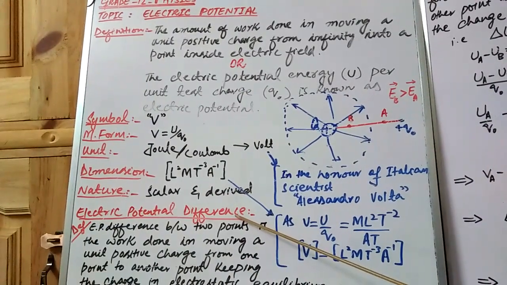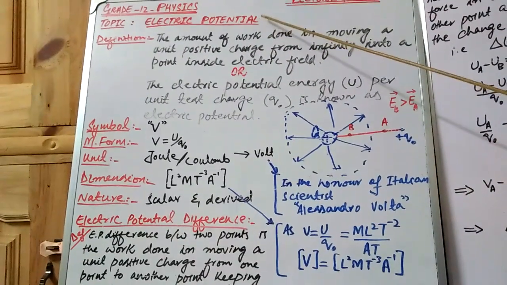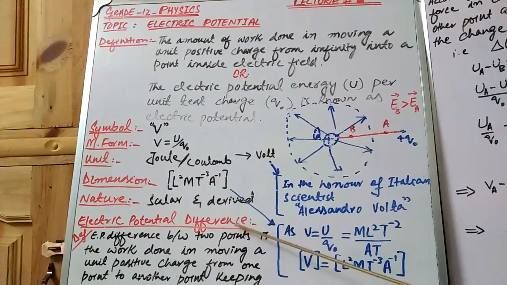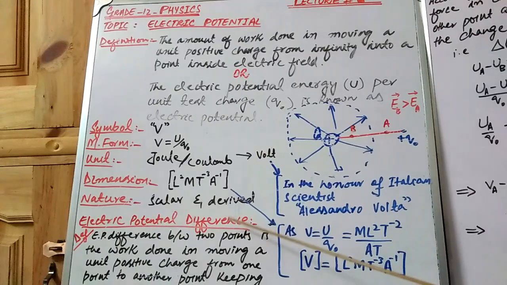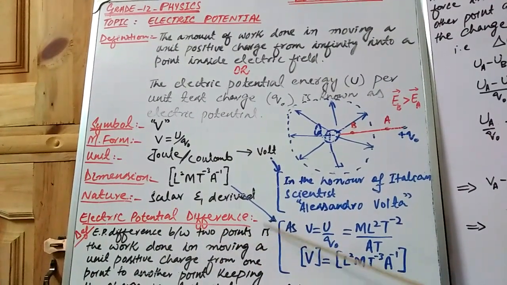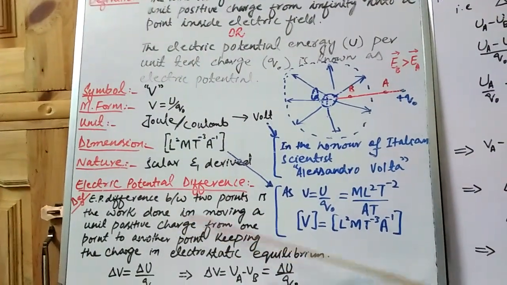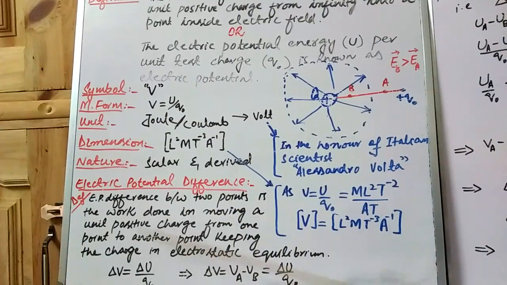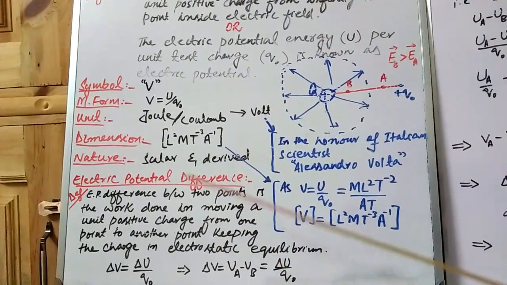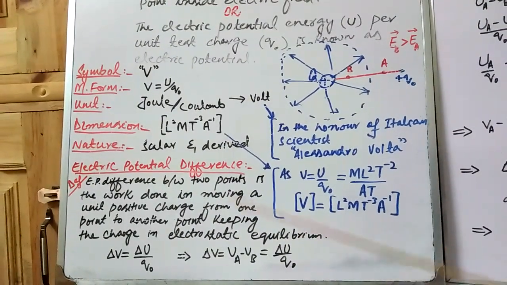The next point is electric potential difference. First, I explained electric potential, and now I am going to explain electric potential difference. Electric potential difference between 2 points is the work done in moving a unit positive charge from one point to another point, keeping the charge in electrostatic equilibrium.